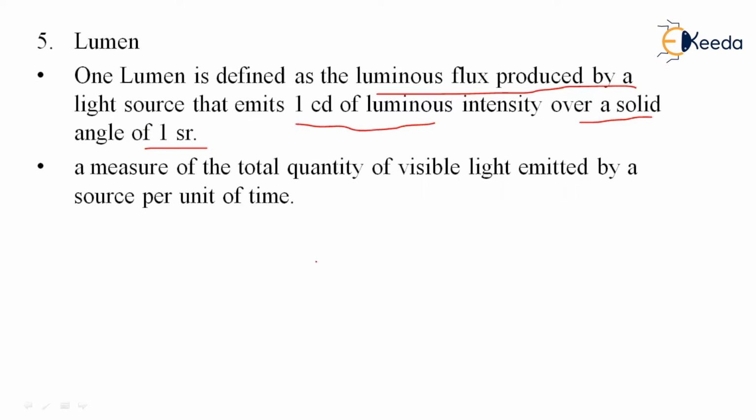That is, if there is a source of energy, meaning the light, and if it produces a light of one candela. Candela is a measure of intensity. We will see it in the upcoming slide.